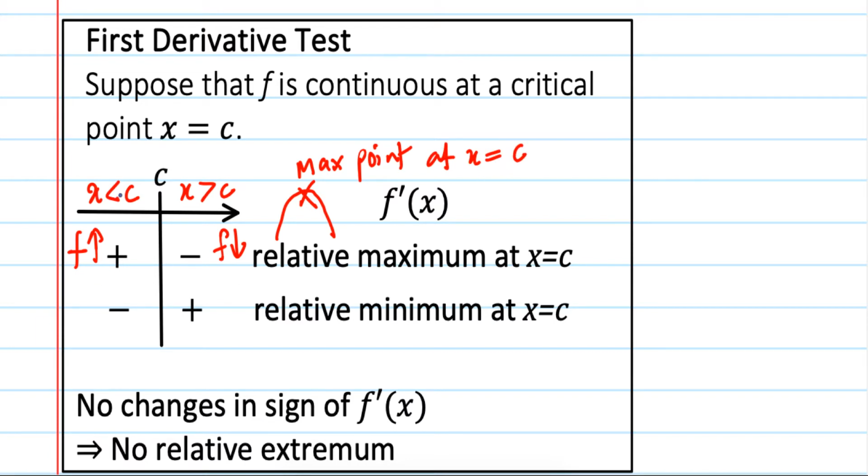For x less than c, you have negative f prime value. It means that f is decreasing. And if you get positive f prime value for x greater than c, it means that f is increasing. So you will have decrease and then increase. It means that x equal to c is a minimum point.